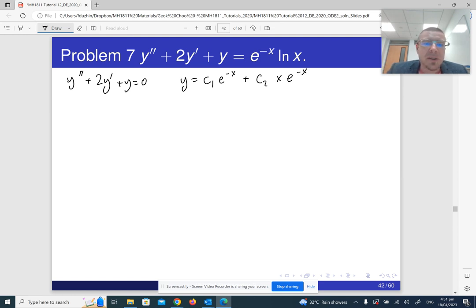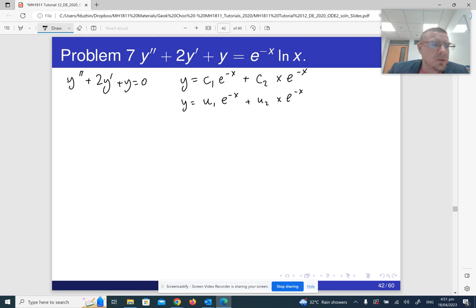Right, so which means that now we are going to look for a solution of the non-homogeneous equation in the form y equals u1 e to the minus x plus u2 x e to the minus x, where u1 and u2 are functions of x rather than constants.